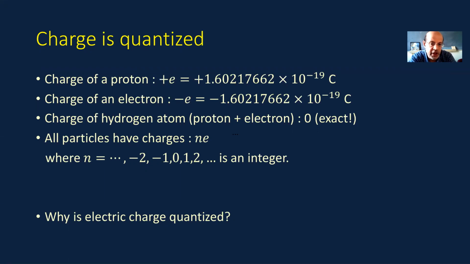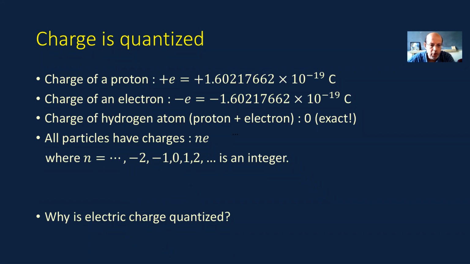And therefore, the charge of the neutron is also exactly equal to 0. And the charge of the other particles, like the pions and things like that, or the charge of the ions and the molecules, these are always integer multiples of that fundamental unit.